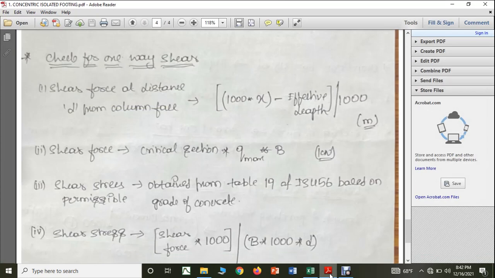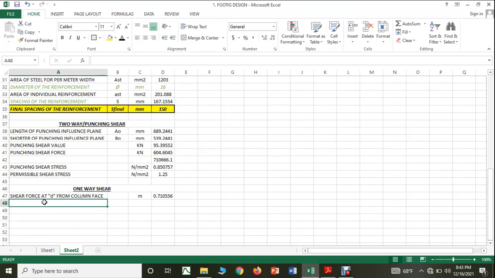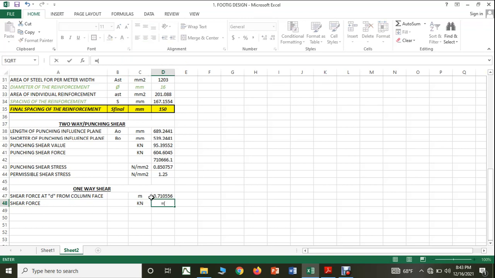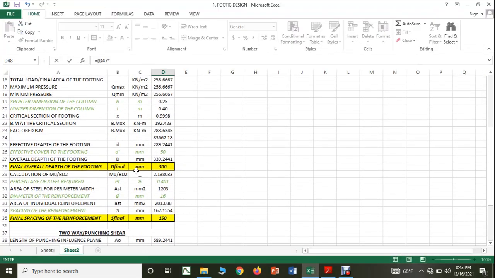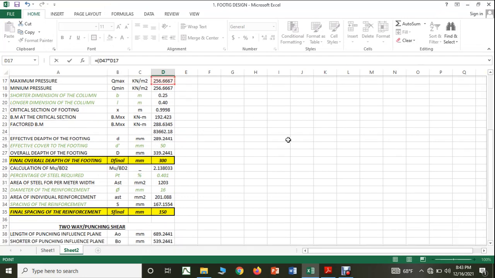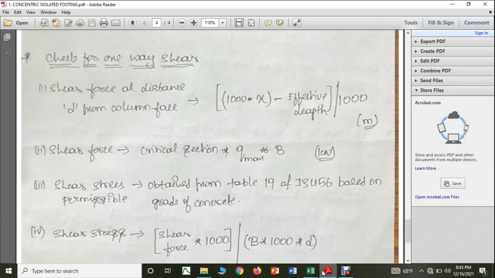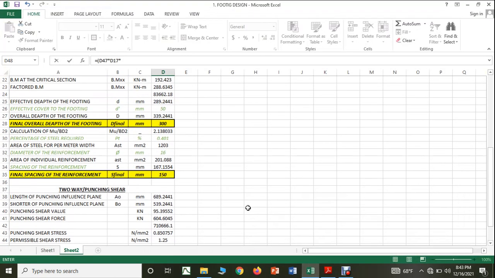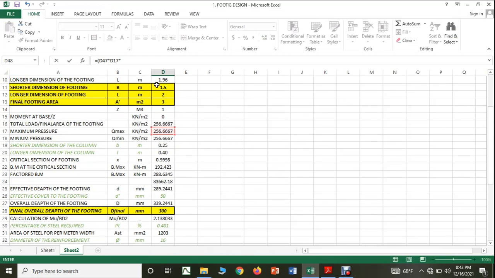Once you get that, you calculate the shear force, that is critical section into Q max into B. Whatever the distance you calculated, that into Q max, that is the maximum pressure, into B, that is your breadth of the footing, the shorter dimension of the footing, that is 1.5.